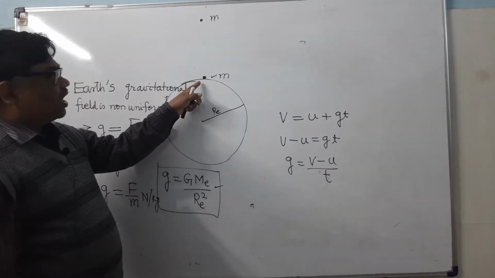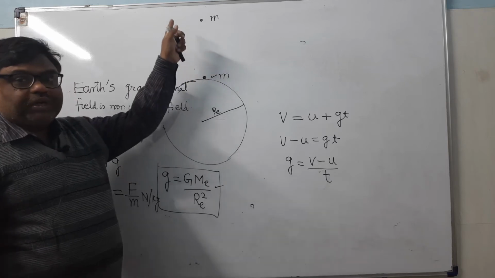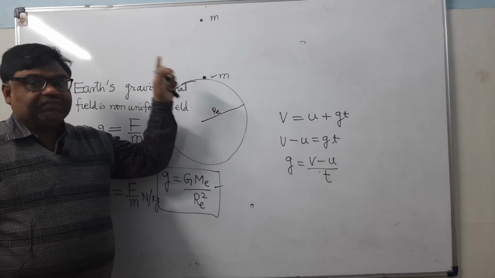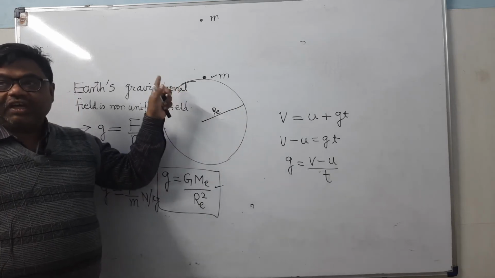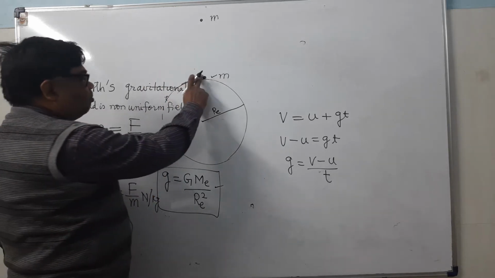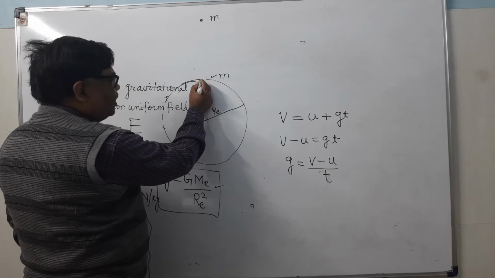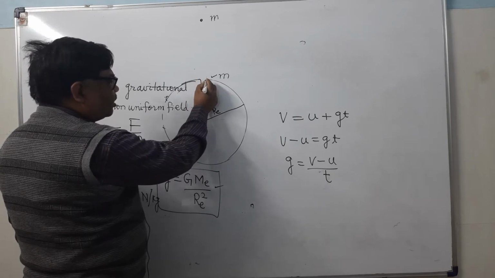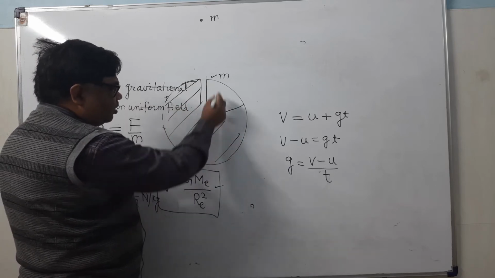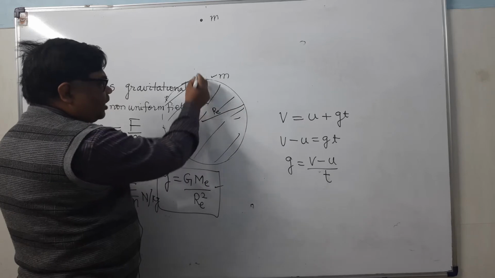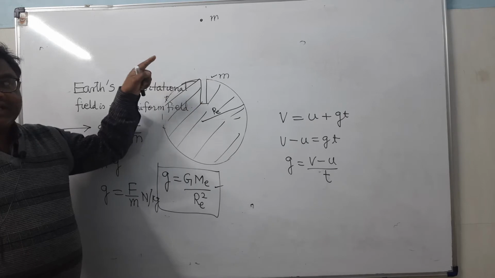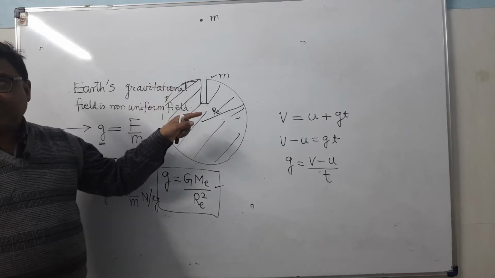Because as we know, as you go up a few kilometers above the Earth's surface, the value of g will decrease. It will not remain the same as on the Earth's surface. Similarly, if you go below the Earth's surface, suppose a mine has been dug inside the Earth, where the Earth is solid, then in that case also the value of g will decrease.